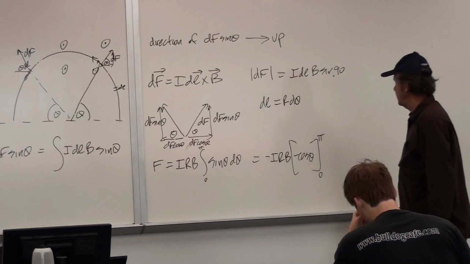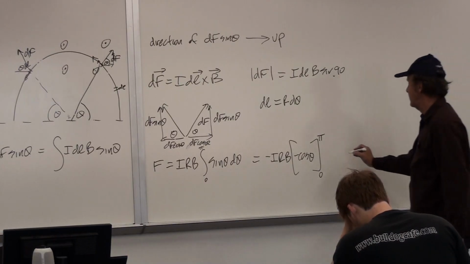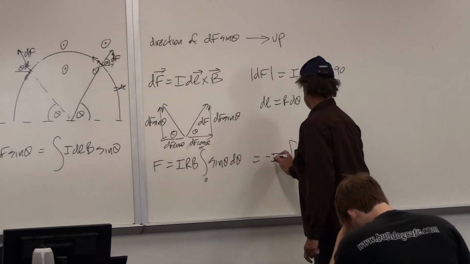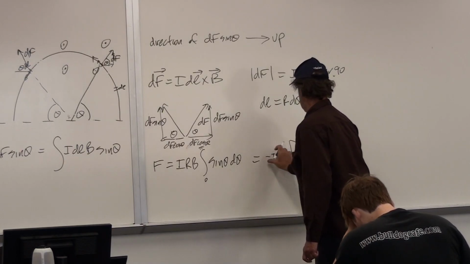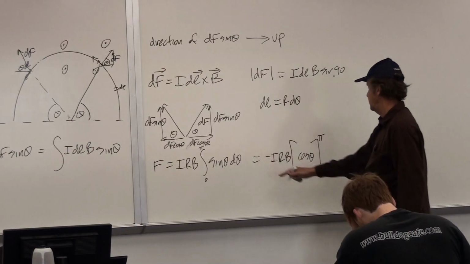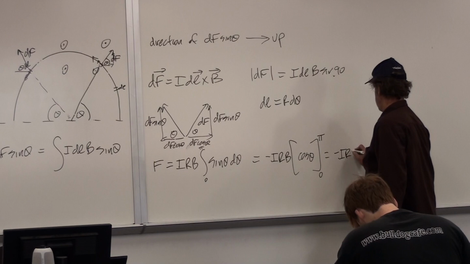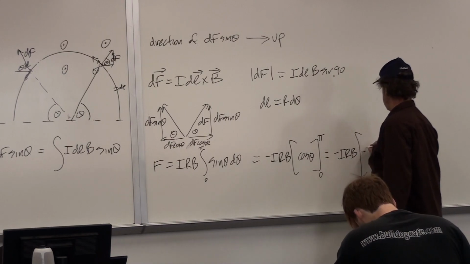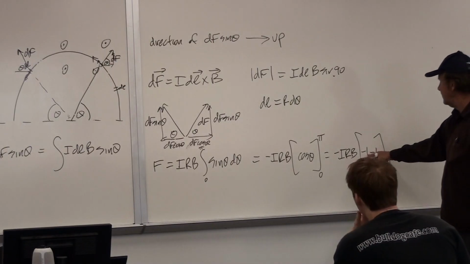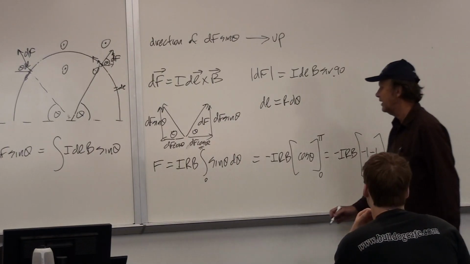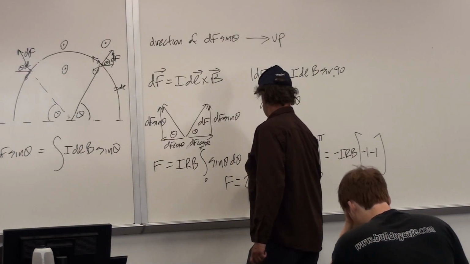So the cosine of pi is -1. So pull this out. I'm pulling the minus cosine out to here. So this is minus IRB times -1 minus 1. Or the minus signs cancel, this gives us -2 IRB times -1 is just 2 IRB.